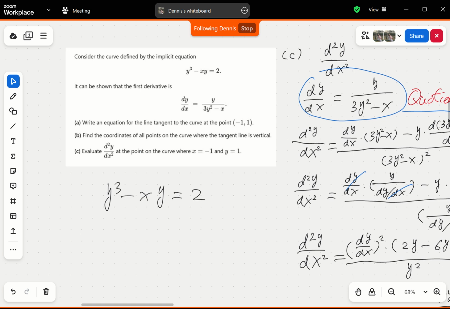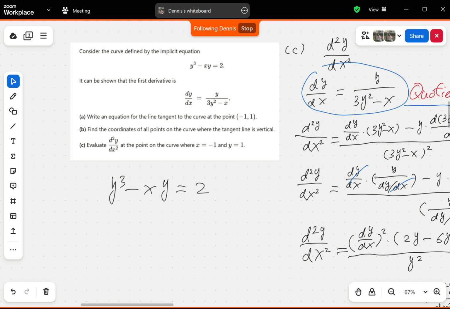Similarly, you just apply the differentiation operator to both sides. So you have the derivative of y to the third minus xy with respect to x equals the derivative of a constant, which is 0.